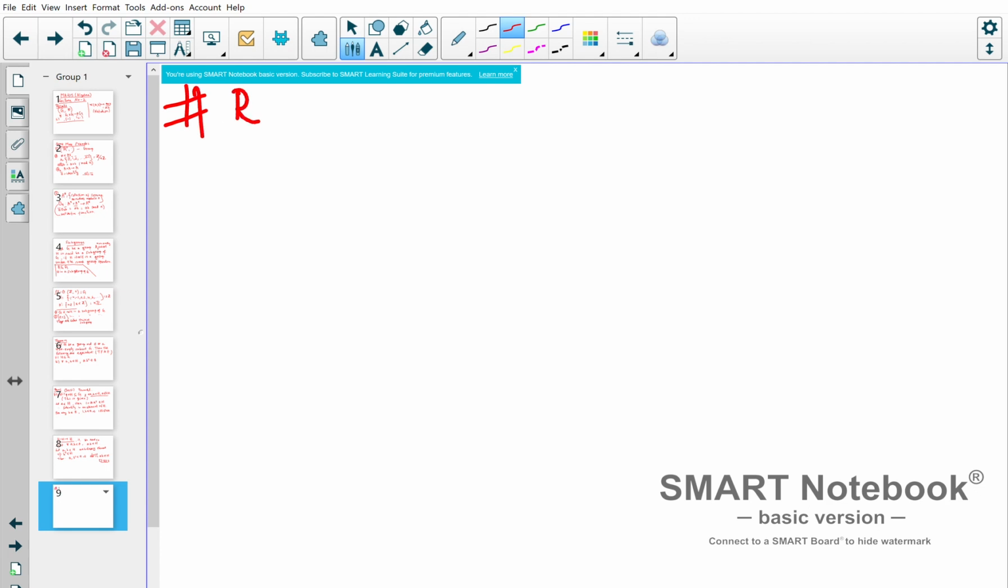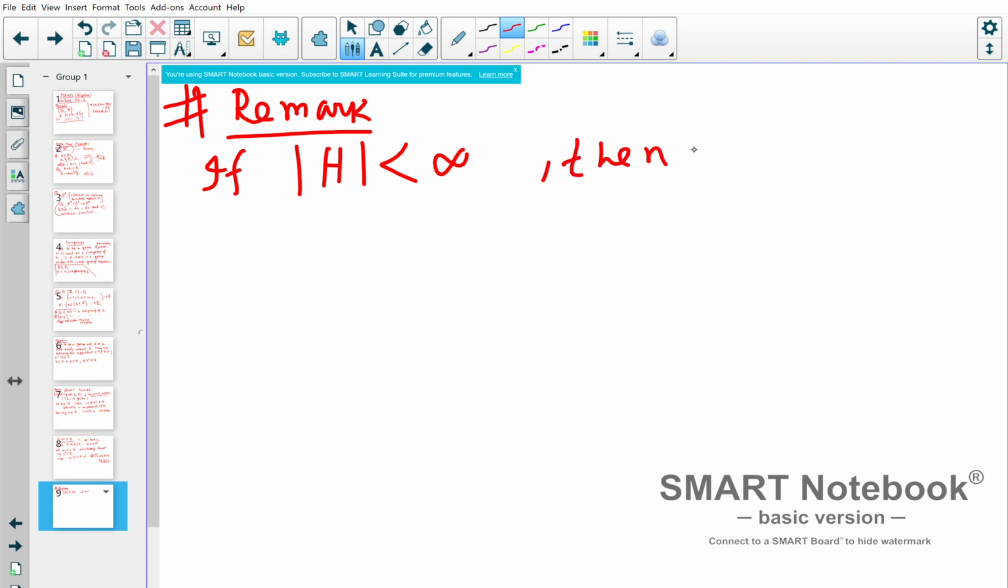Okay, in fact, a remark maybe. If H is a finite subgroup, this means H is finite, then the following are equivalent.